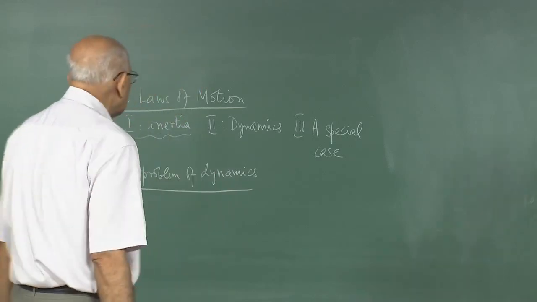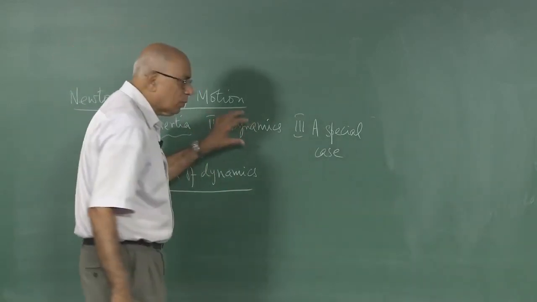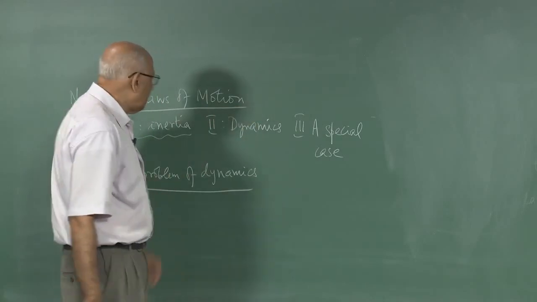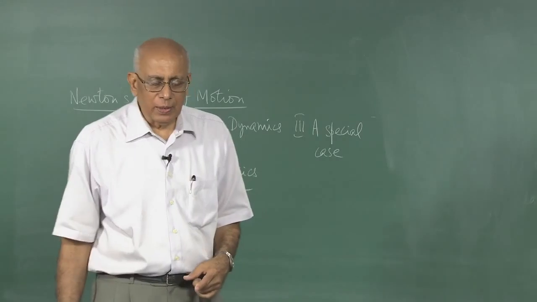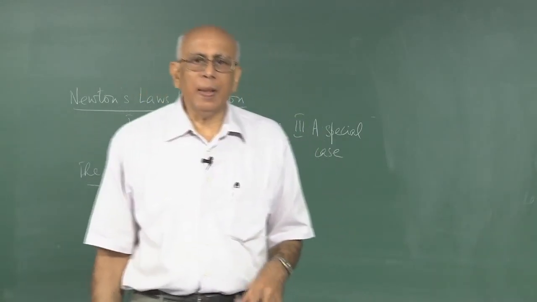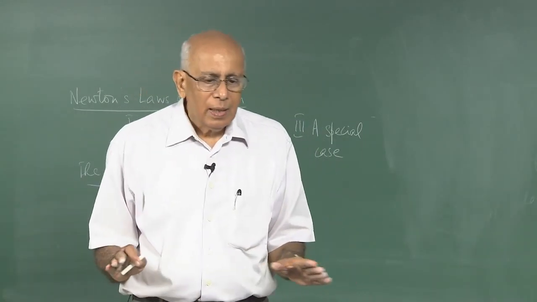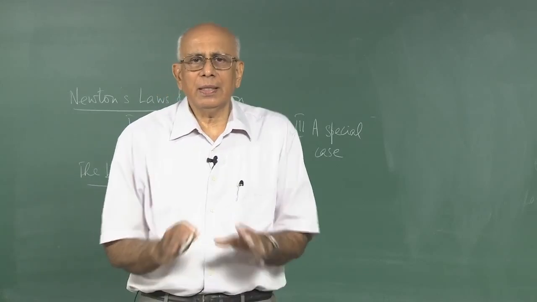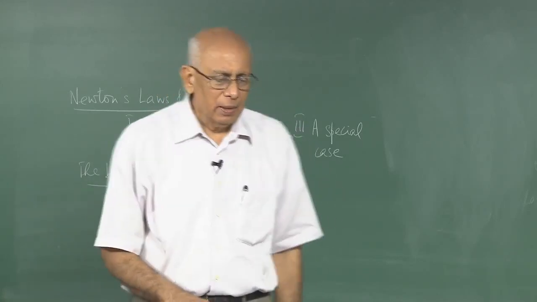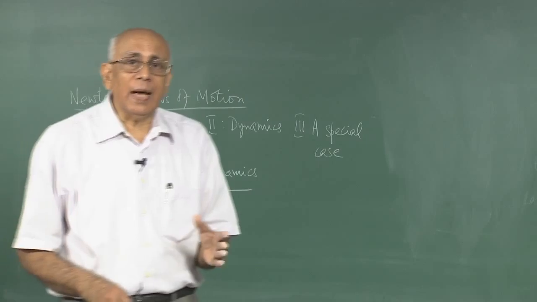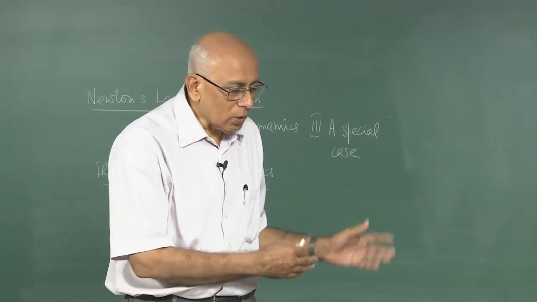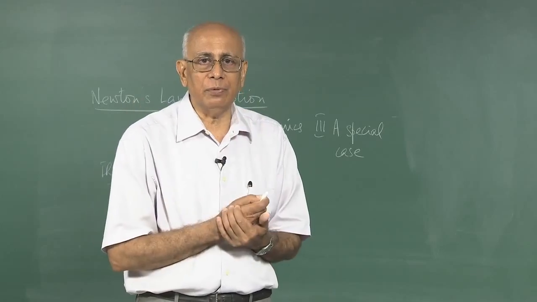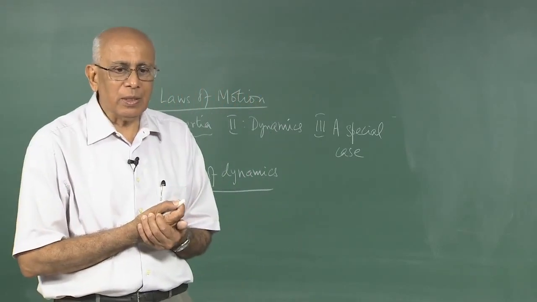Okay. The second law is where the meat is, this is where the dynamics is, but already in the first law certain assumptions have gone in. For instance, it has been assumed that space is infinite in extent and has a Euclidean structure. It is 3-dimensional Euclidean space. It has also been assumed that time flows inexorably. There is something called absolute time flowing inexorably from the infinite past to the infinite future. Now these are assumptions which are not really valid.